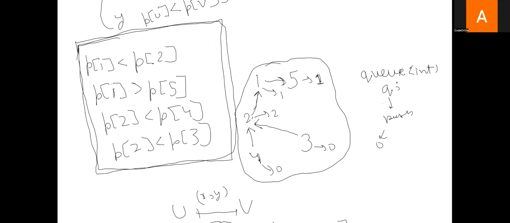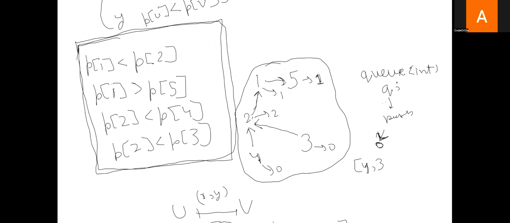And why am I saying that? Because if an element has in degree 0, it means it's not smaller than anybody. It's the greatest up till now. So I will push 4 to the queue. I will push 3 to the queue. And remember one more thing.